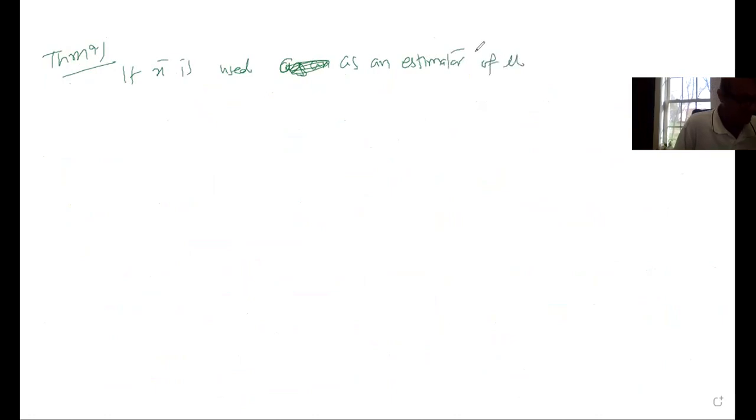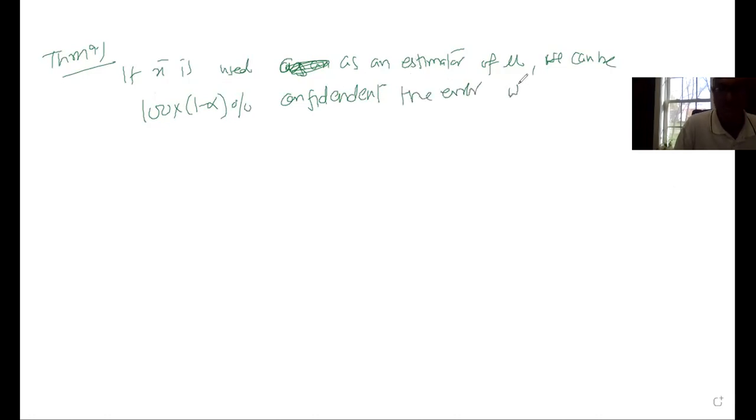If x bar is used as an estimator of mu, this is in the form of theorem 9.1, we can be 100 times 1 minus alpha percent confident that the error will not exceed z alpha by 2 sigma over square root of n.